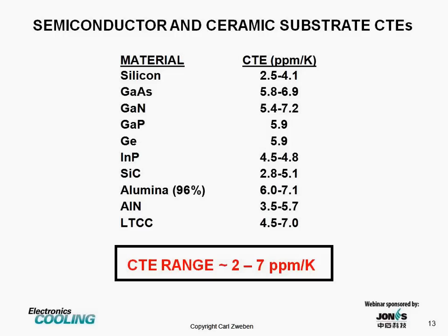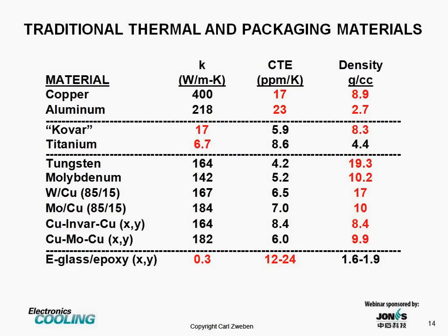Let's take a look at materials we're trying to package. These are semiconductors, ceramic substrates, and here we have their CTEs. And what we find is that the range is roughly 2 to 7 parts per million per degree Kelvin. So for our thermal management materials, we would really like to have ones that match this coefficient of thermal expansion range.